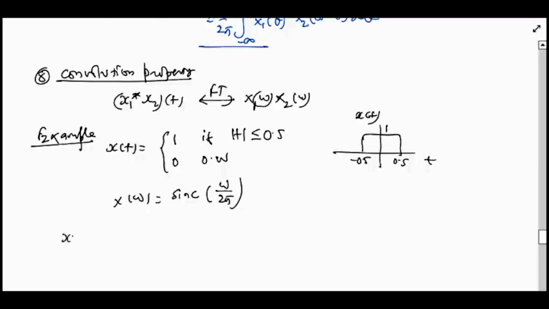Now in this case, the convolution of x with itself, that is x star x(t), turns out to be a triangular pulse.